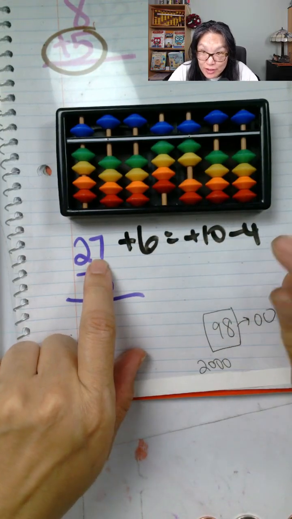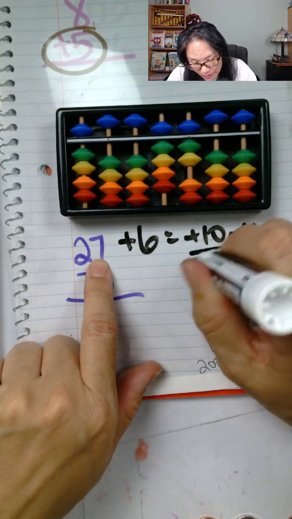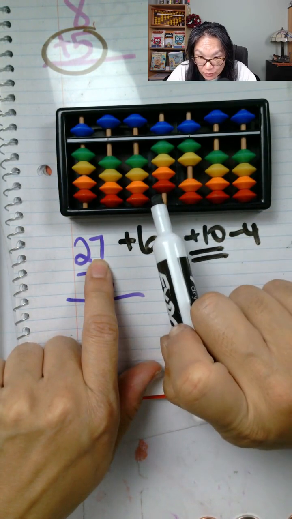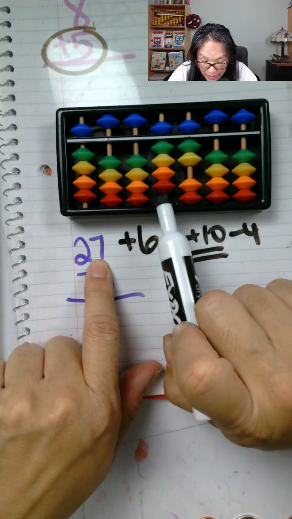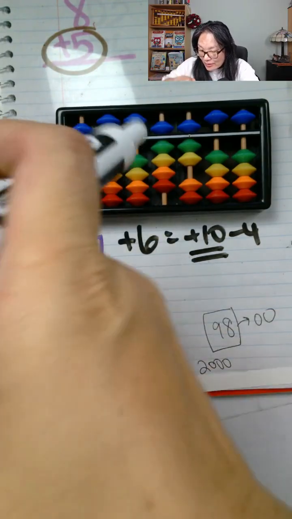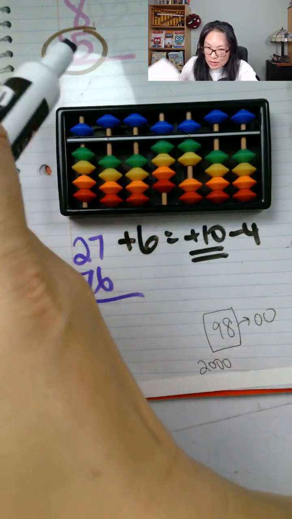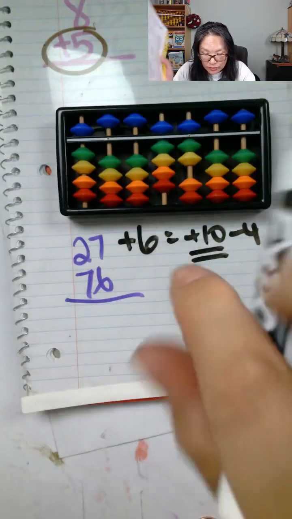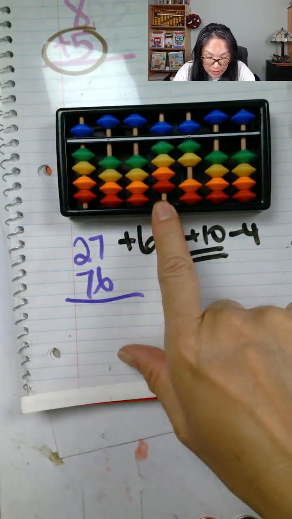Now it gets really interesting. How do we plus the 10? Plus 1 plus 0. How do we add 1 here? Do you remember? I want to add the 1. Okay, so this is where the formula comes in. Can we add the 1? No, I cannot add the 1.